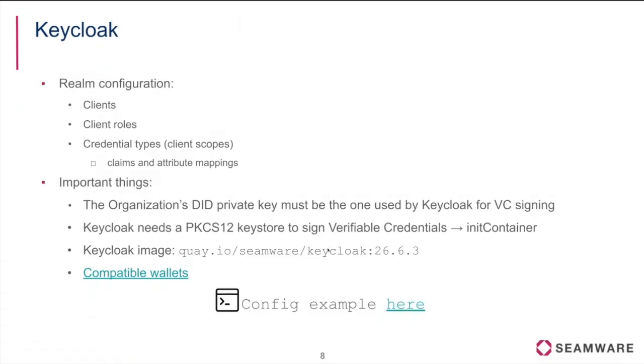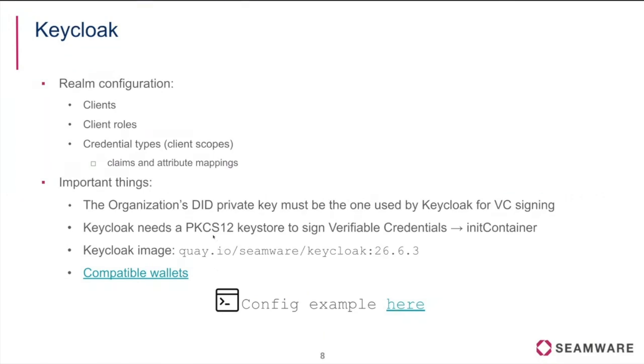Since this bug fix is in the main branch, we just compile and create that image that includes the fix, so nothing else. Also, in the future, with the next release that includes some UI upgrades, our plan is to come back again to the official Keycloak image.